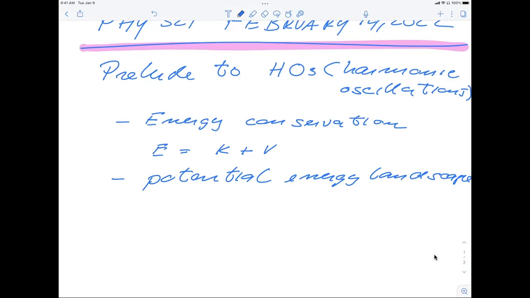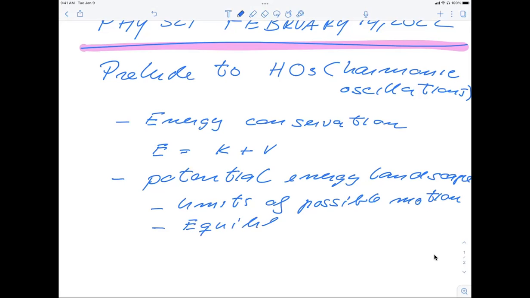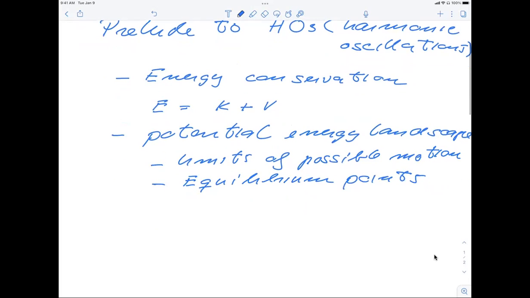In particular, what is interesting is the limits of possible motion. That's something which we can read off from that. We are going to look at something which are called equilibrium points. And then we have something which are normally called stable and unstable points.